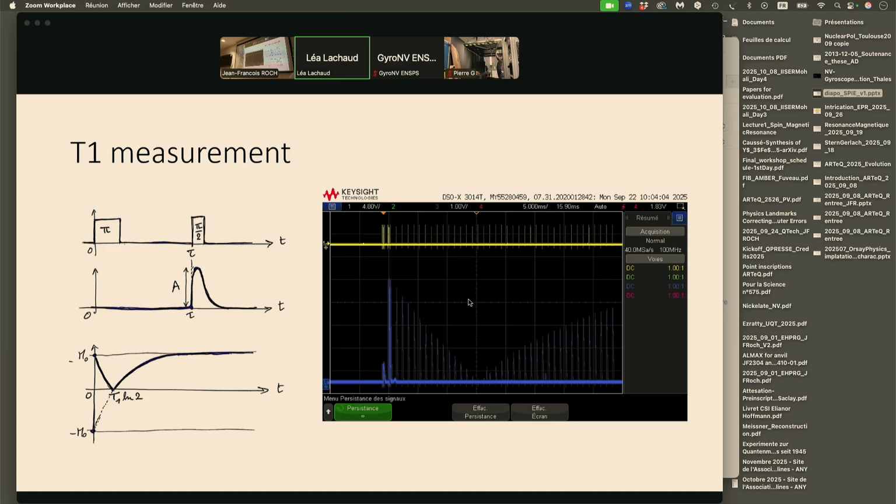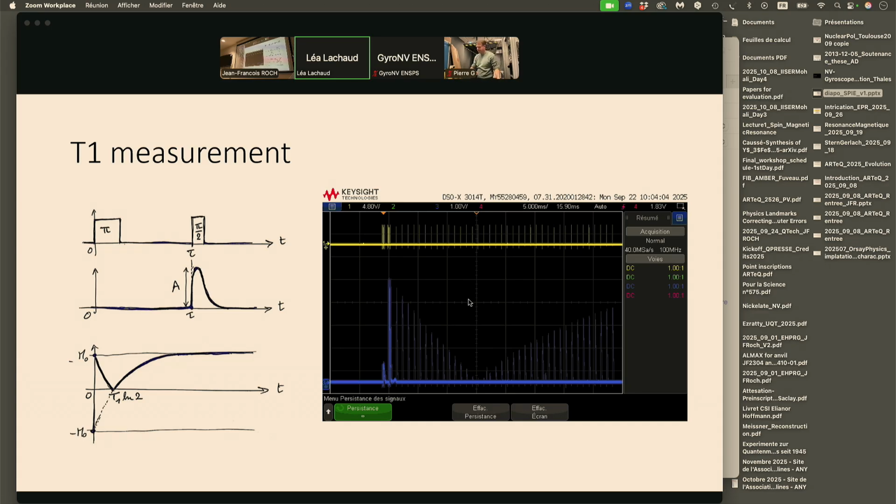This one would be the T1 time, the time to return to thermal equilibrium. Exactly. It's the time needed for the spins to go back from the upper excited states to the lower ground states in presence of the B0 field.